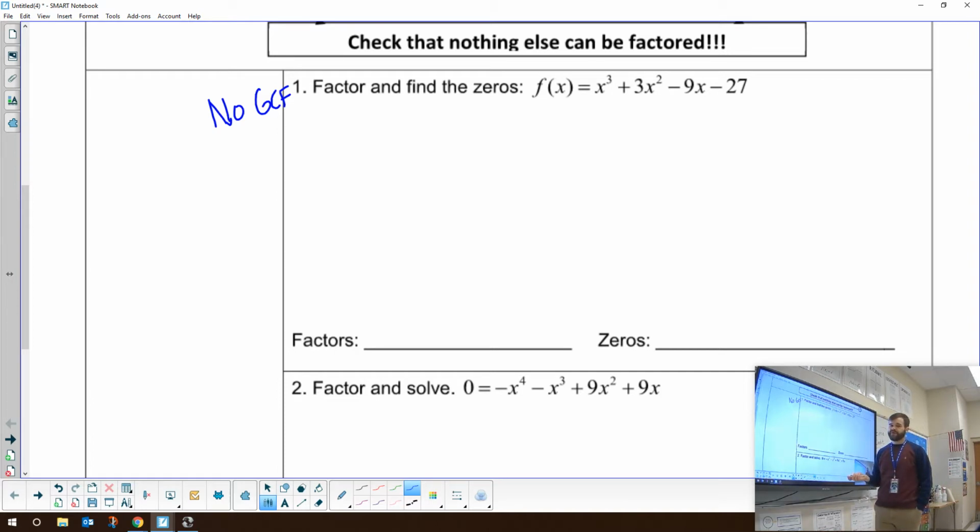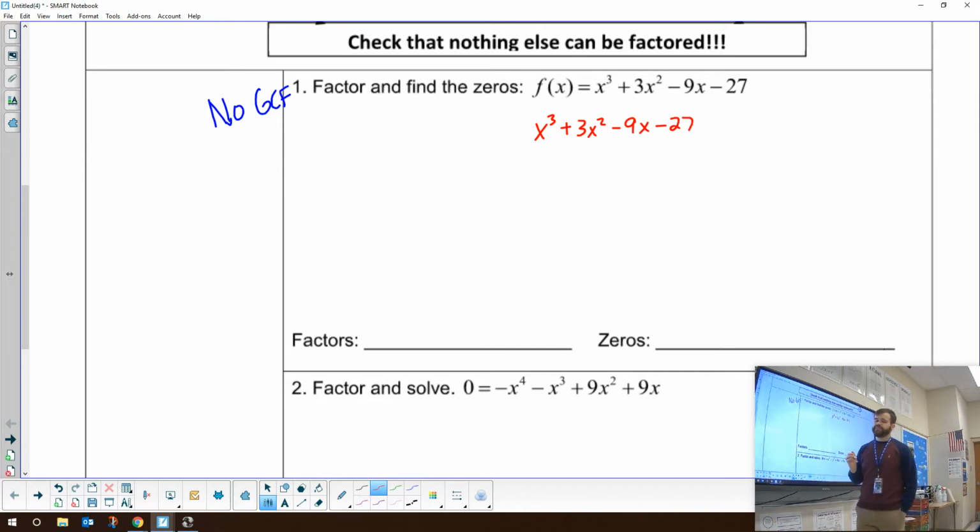Now, factoring by grouping, I think, is a really ingenious and easy way to factor, and it works like this. Let me rewrite out this polynomial. We have x cubed plus 3x squared minus 9x minus 27. Okay, this is our polynomial.